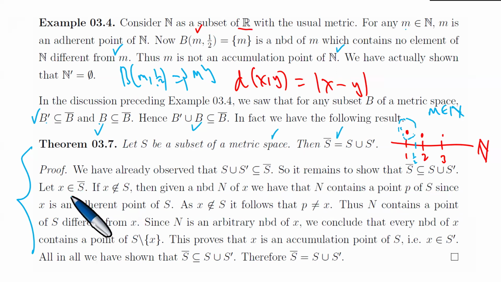So let X be an element of the closure S bar. If X is not in S, then given a neighborhood N of X, this neighborhood contains a point P of S, since X is an adherent point of S. Because X is not in S, it follows that P is not equal to X. P and X are different.